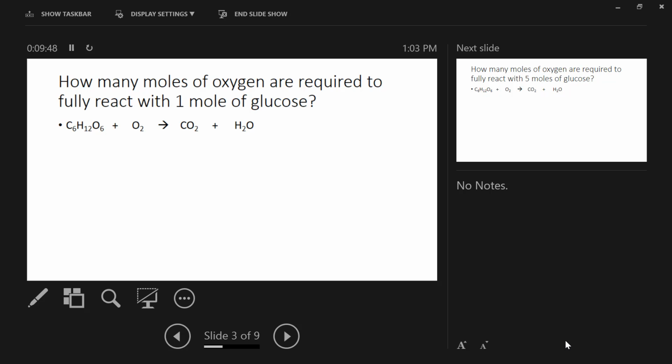Stoichiometry. And it'll get less weird the more you do it. And then we need to put our conversion factors. For every 1 mole of glucose, how many moles of oxygen are required? For every 1 mole of glucose, there's a coefficient of 1 there if there's nothing written. It requires 6 moles of oxygen.